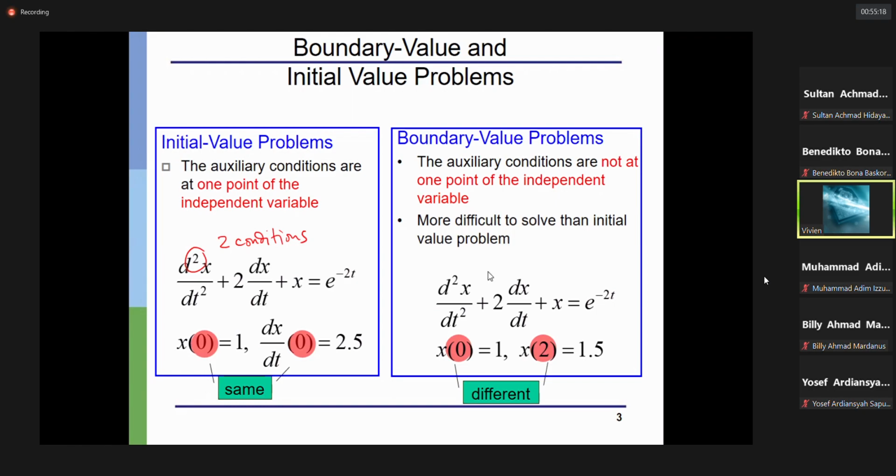When we have the second type, we have two boundary conditions. The first one is t equals 0, where the value of x is 1, and at t equals 2, the x value is 1.5. So we have different points to specify the condition. It means that we have a second order ODE, we need two conditions, and these two conditions are specified at different points.